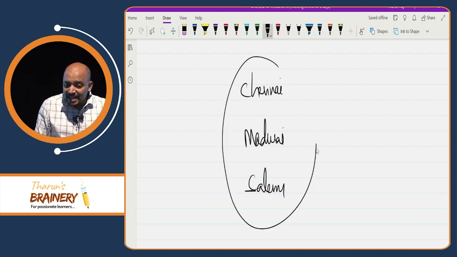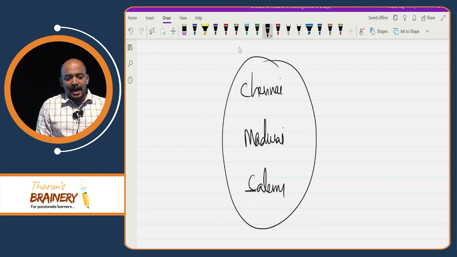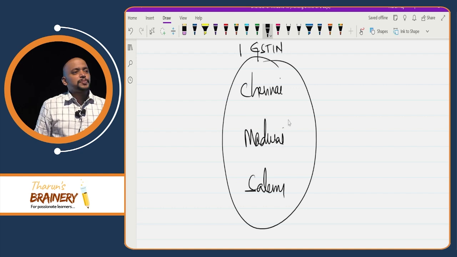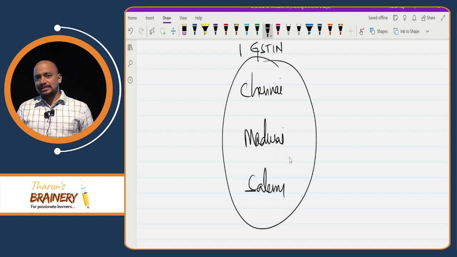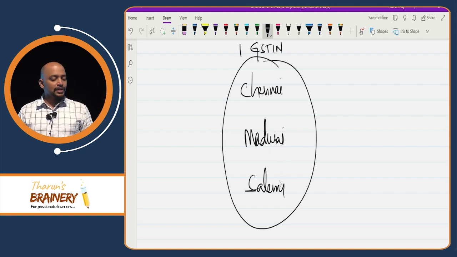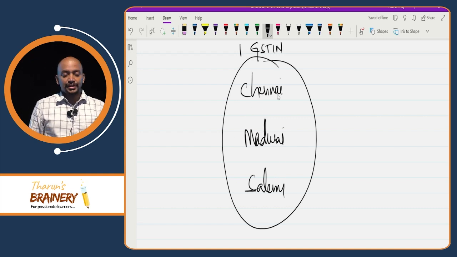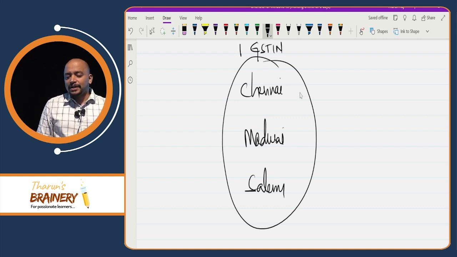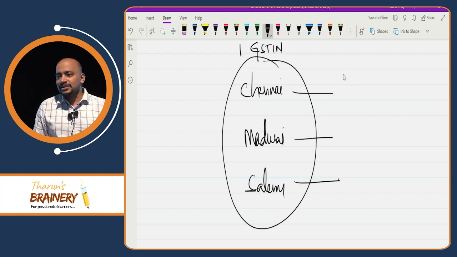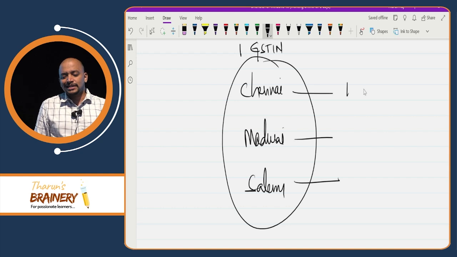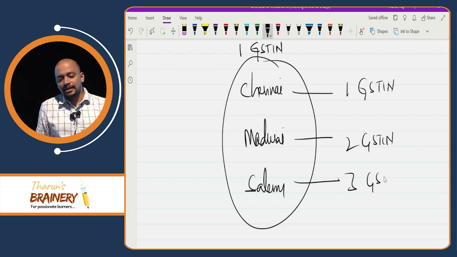But for all these 3 places put together, I have only a single GSTIN. Because it is optional whether to go for separate registration or continue with single registration. So I was having single registration. Now it is split into 3 registrations. Now I got separate registrations: one GSTIN, then a second GSTIN and a third GSTIN.